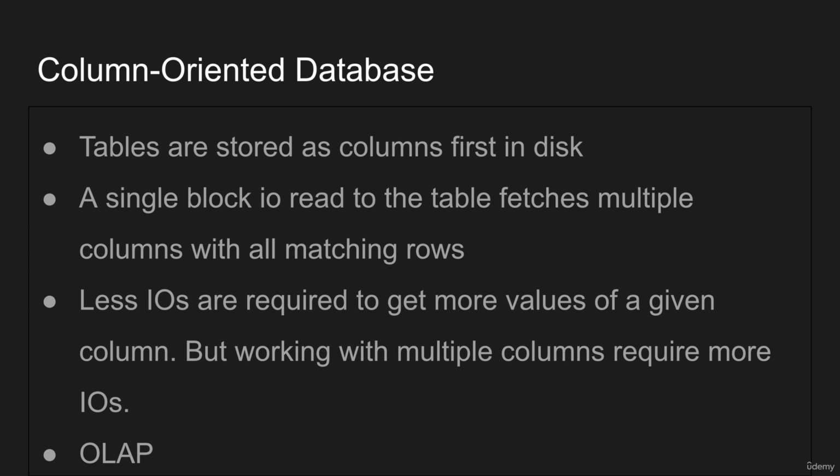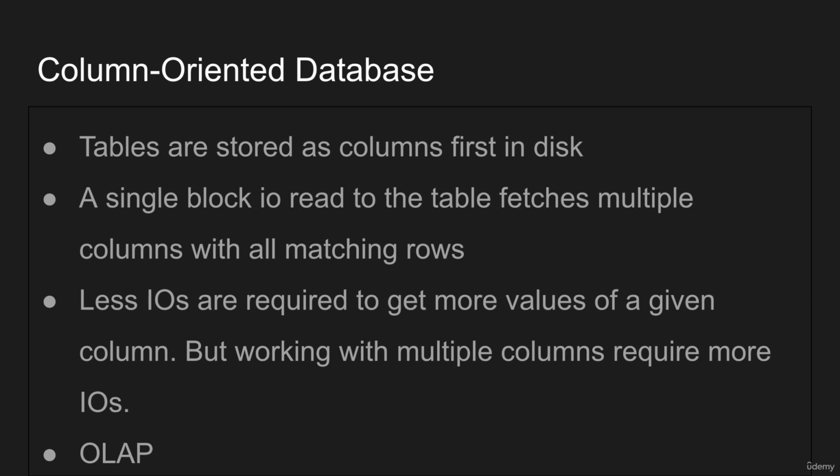What they do is take the first name and all possible values, John, Melissa, Rick, Paul, Hussein, everybody, and save them on disk as consecutive values. Once the last value of the first name is done, they start with the second one, last name, and so on.